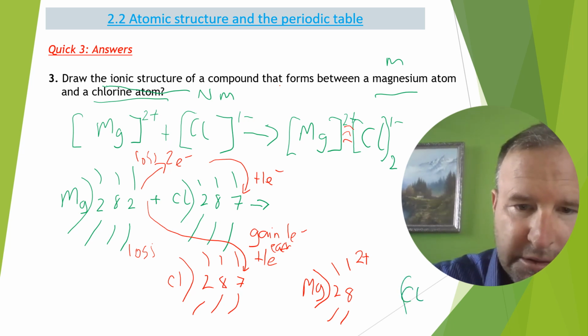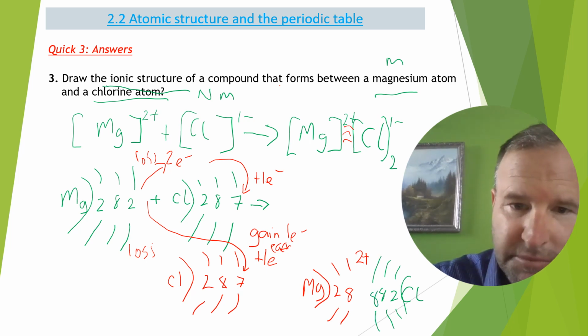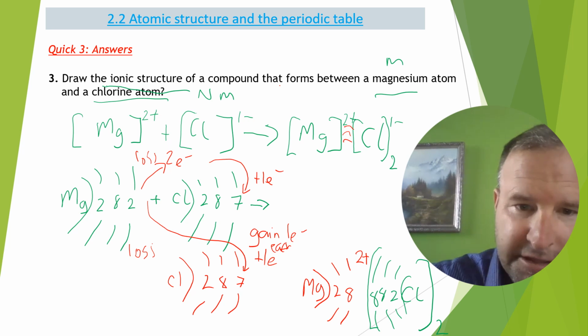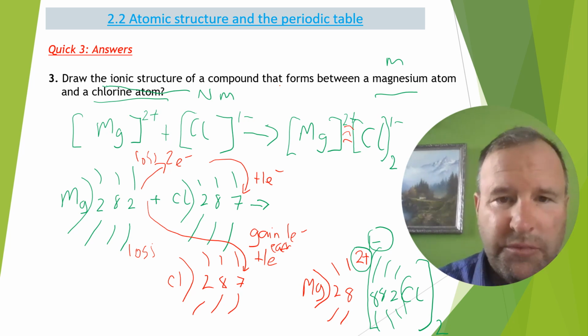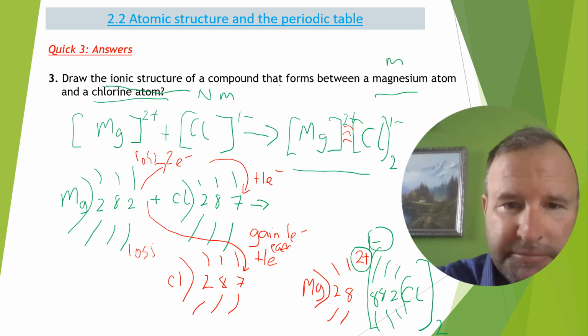Chlorine has got 2, 8, and then 8, and there'll be 2 of these. So I'm just going to put little brackets, say 2 of them, and that's a 1 minus charge here, and your magnesium's 2 plus, hence the correct formula as shown here.